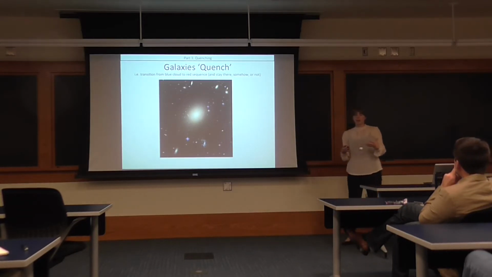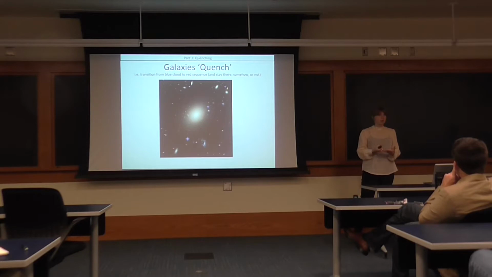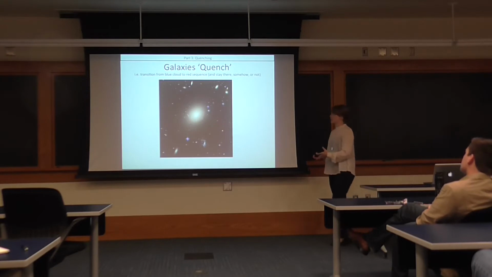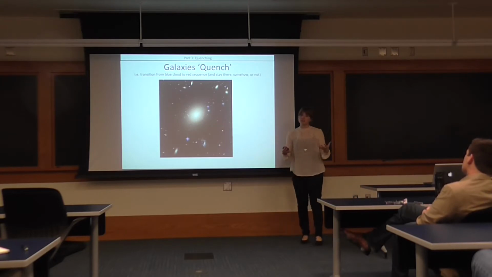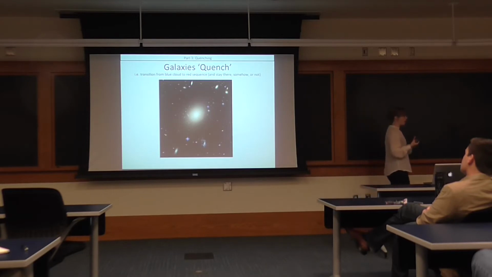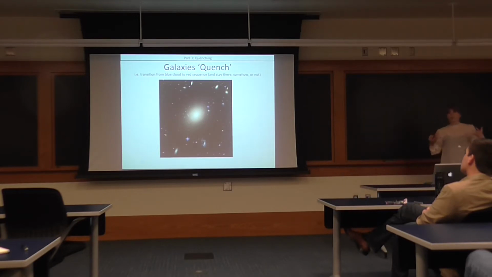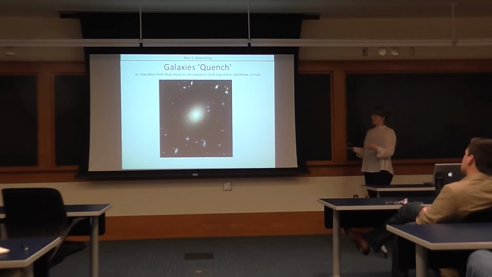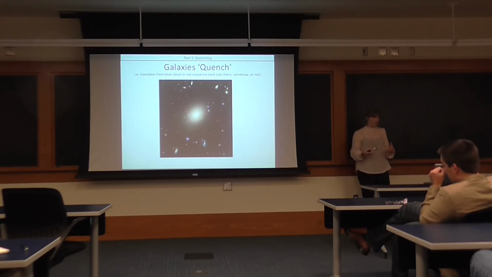So now I'm going to tell you a couple things that don't seem to make sense with these results. One fundamental thing about galaxies is that we think that they quench. They shut off their star formation at some point. And so I think circumgalactic gas around galaxies, that could be accreting onto galaxies or could have come from the galaxies, is inextricably linked to the physics behind this quenching process.